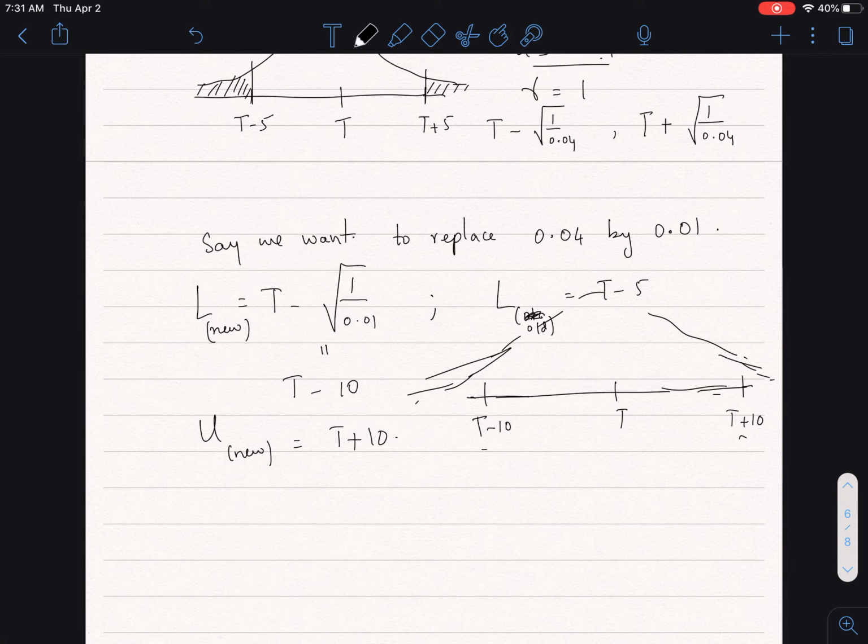Okay? And this makes intuitive sense, right? If I want to give you an interval in which theta lies, and you have a much smaller interval, then you must have a lower confidence that theta lies in it, because the number of samples is staying the same.